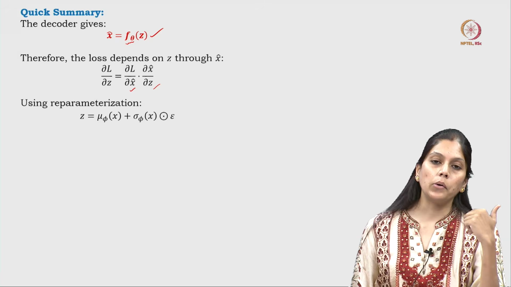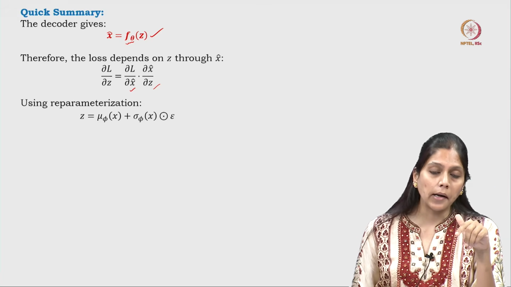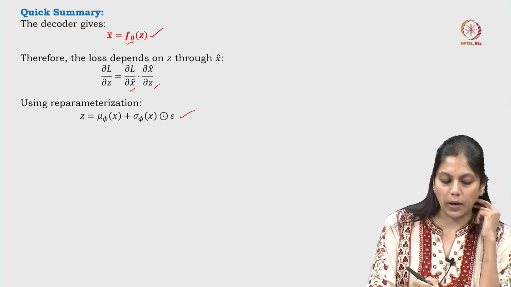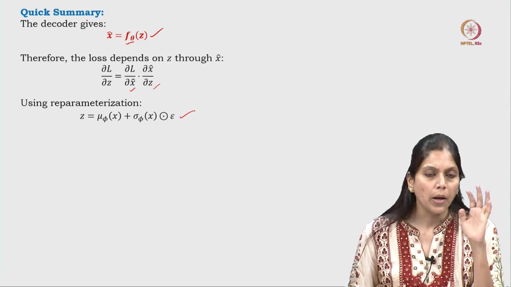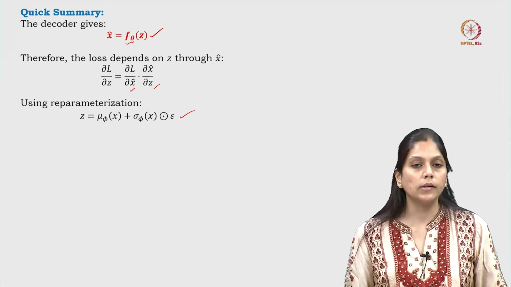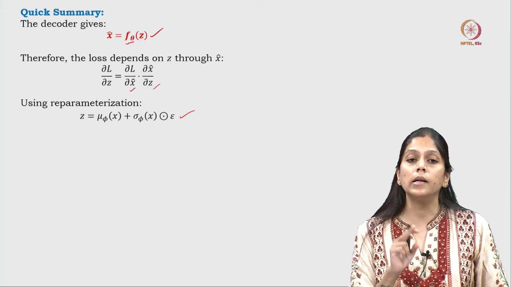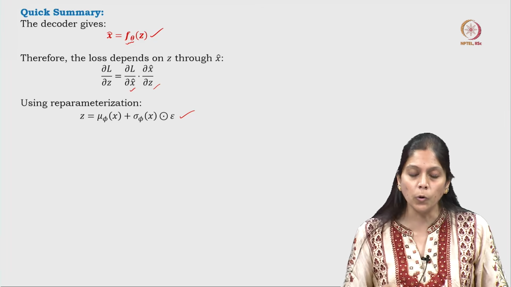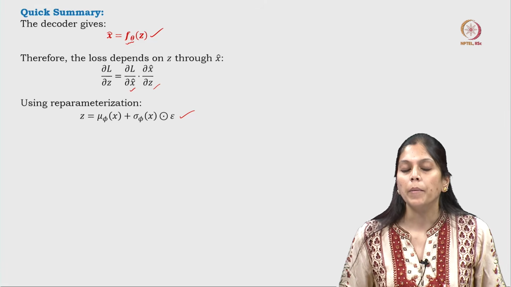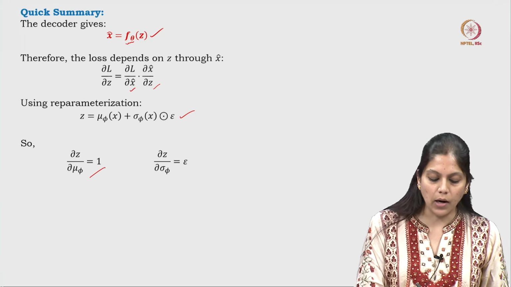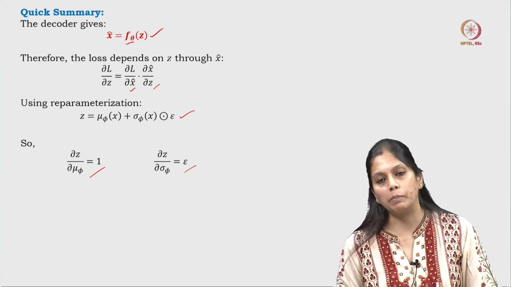Now later, using the reparameterization trick, z is sampled. How do you obtain z? Z is obtained in this way. Because you have written it this way, just some time back we saw that z is definitely differentiable with respect to both of these parameters. Because of this we got this value as 1, and with respect to this we got an epsilon value.